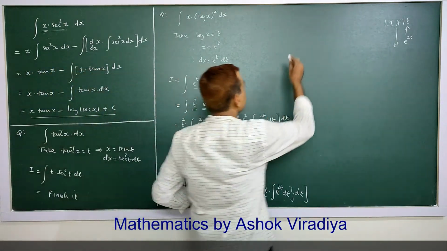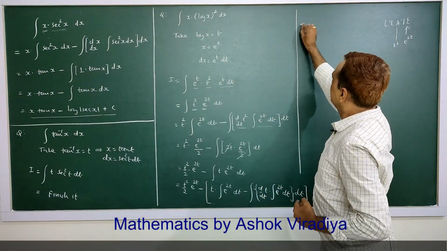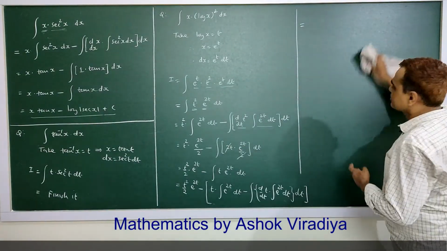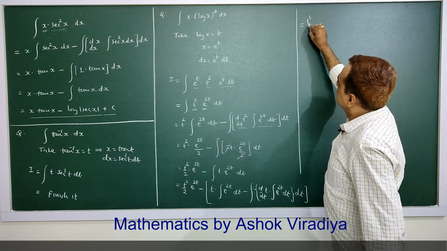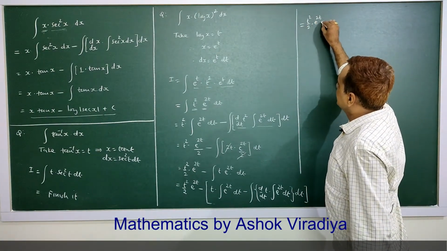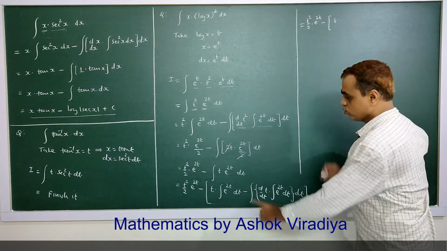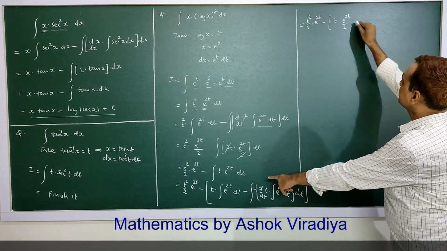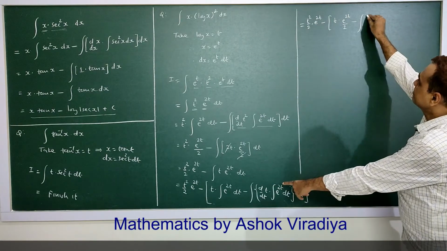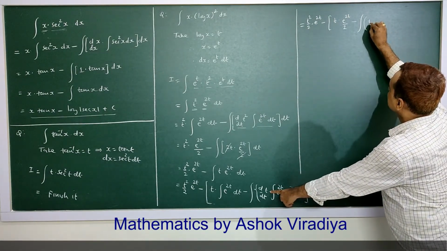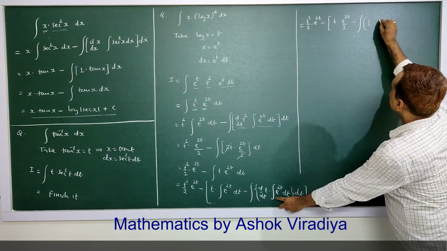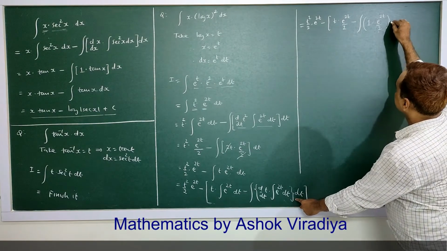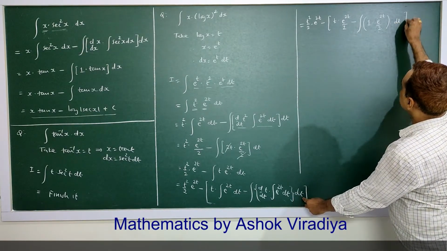So it is equal to t square by 2 into e raised to 2t minus t into integral of e raised to 2t, which is e raised to 2t by 2, minus integral of, in bracket, derivative of t is 1, integral of e raised to 2t is e raised to 2t by 2, closed bracket, dt, then close main bracket.